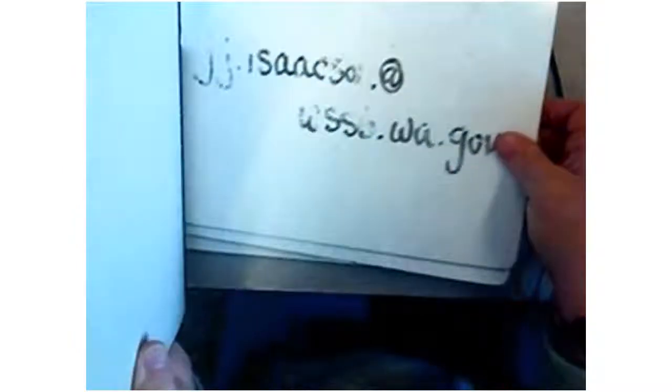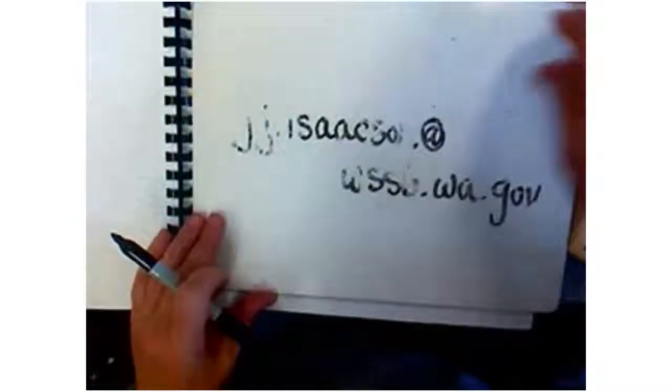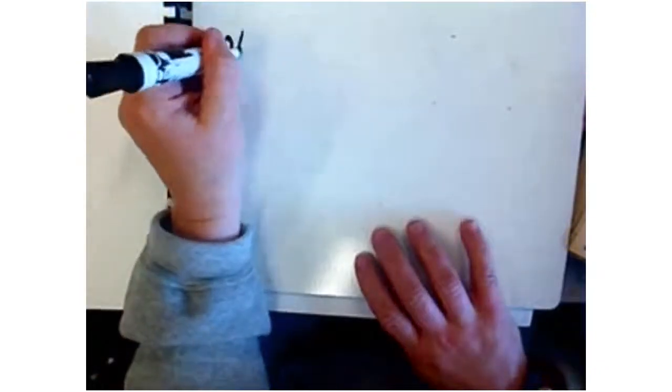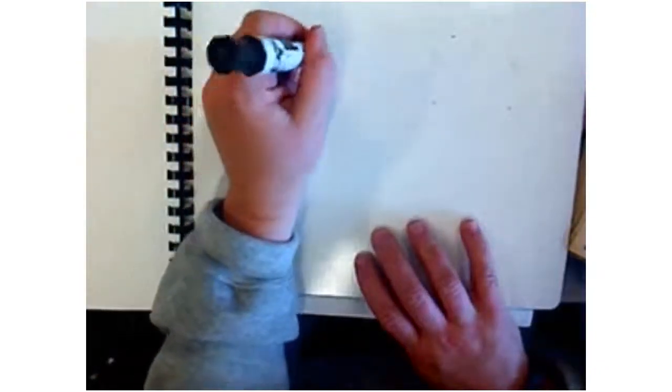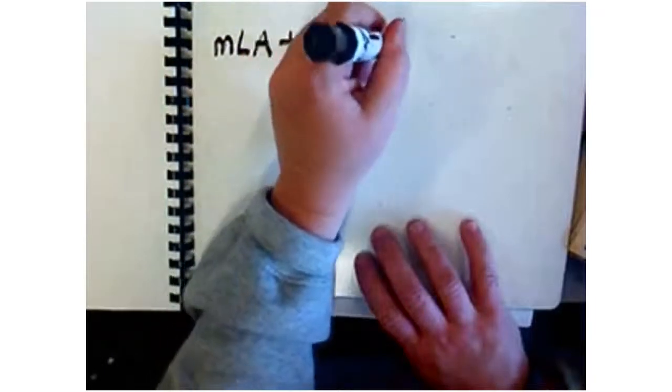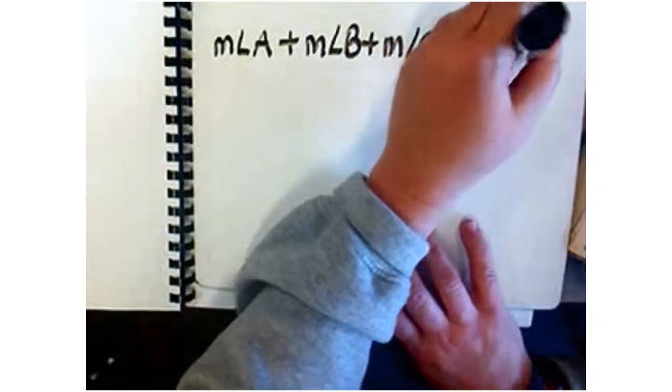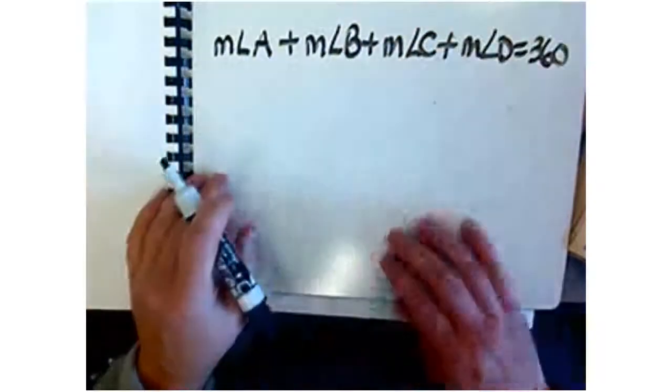We're going to add up all of our angles to equal 360, because we know the sum of the measures of the angles of a quadrilateral has to be 360. So the measure of angle A plus the measure of angle B plus the measure of angle C plus the measure of angle D has to equal 360 degrees.